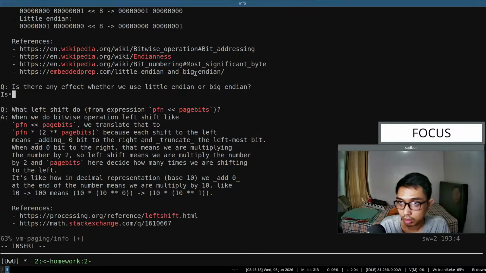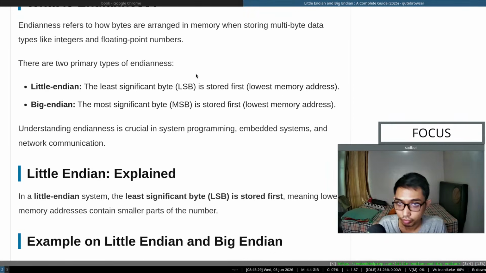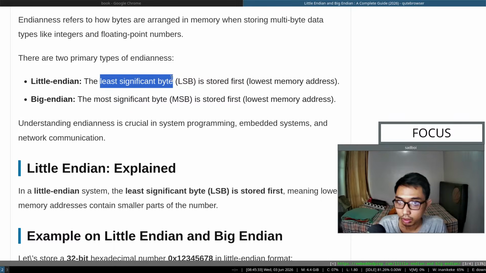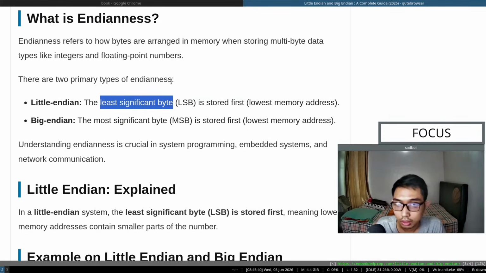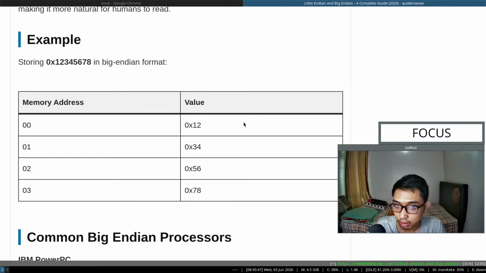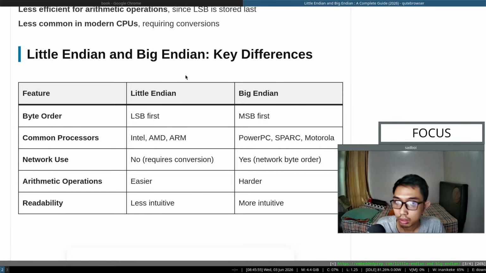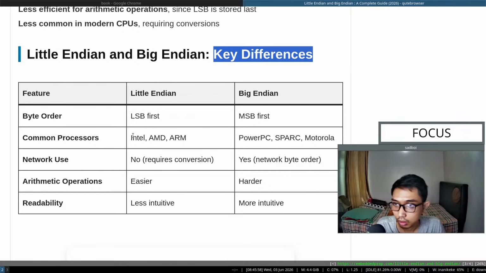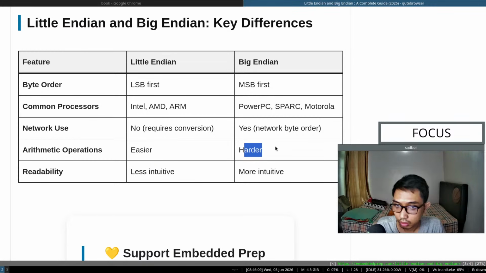Is the least significant byte start first? Okay. Key difference here.